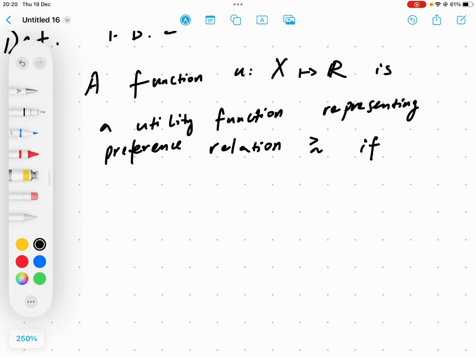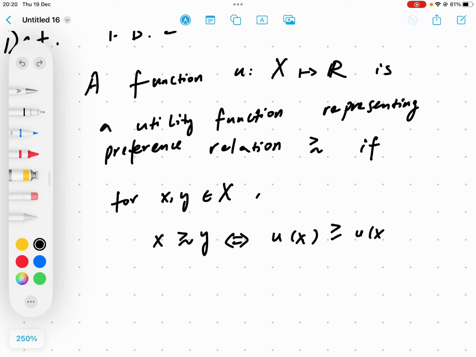And it can represent this if for all little x, y in x, we have x is weakly preferred to y if and only if the utility of x is greater than or equal to that of y. Okay. So because here we are comparing two real numbers.